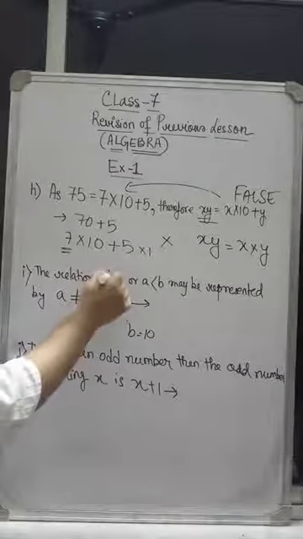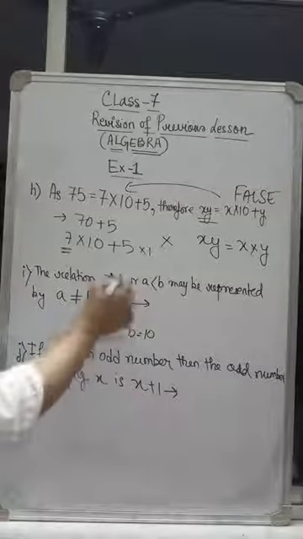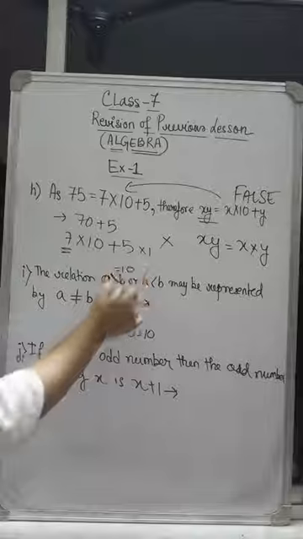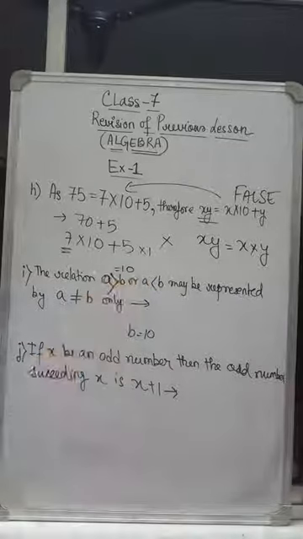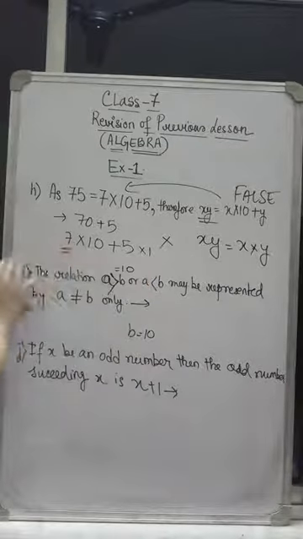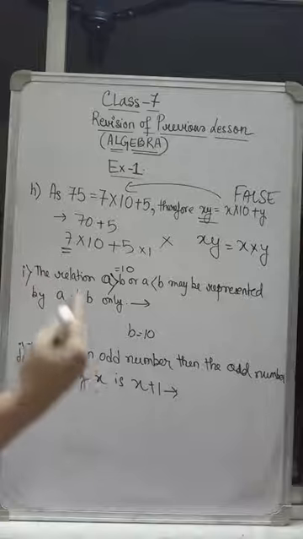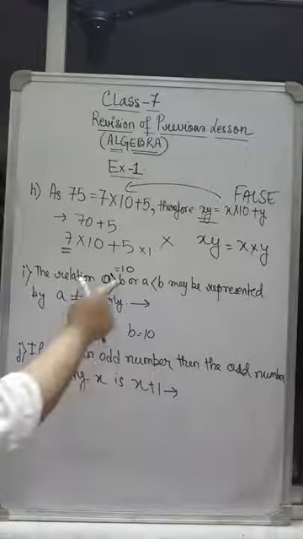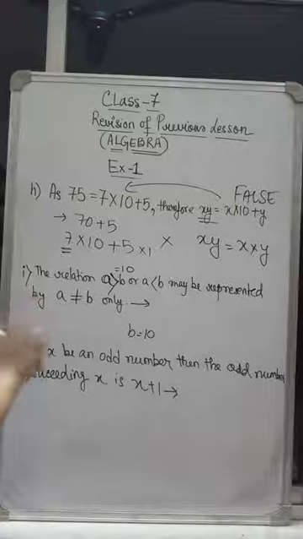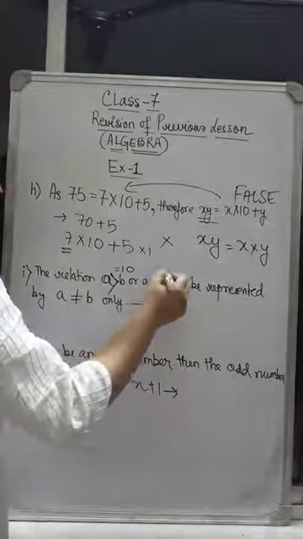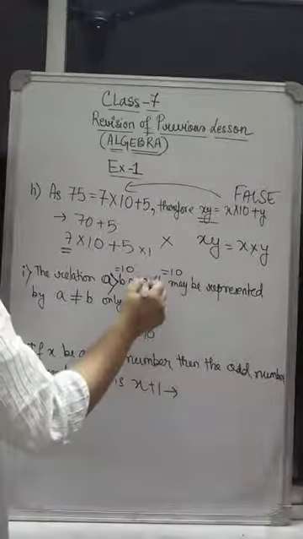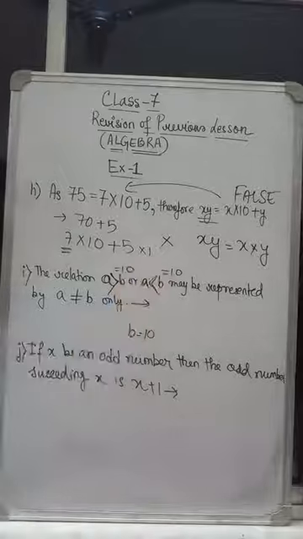So a can be anything like 11, 12, 13, 100, 1200, but it is greater than b's value, or a is less than b. So if b is 10, a can be anything like 1, 2, 3, 4, 5 till 9.